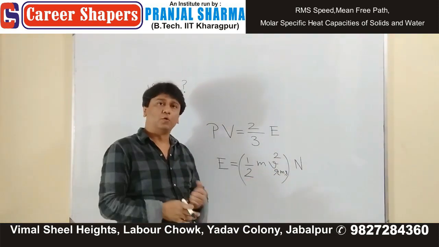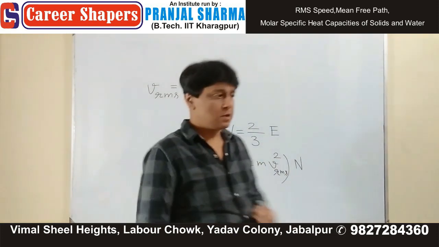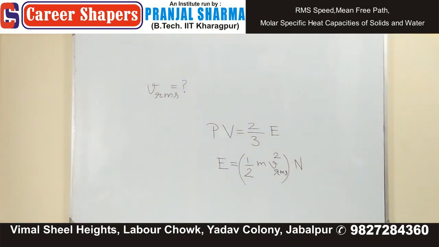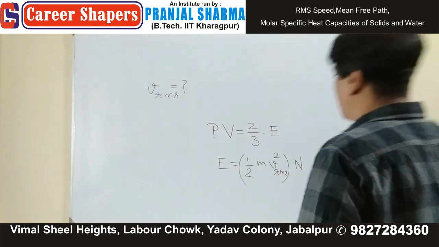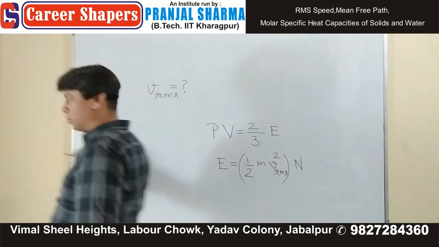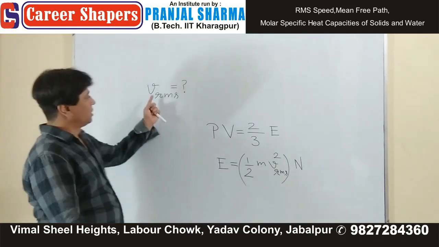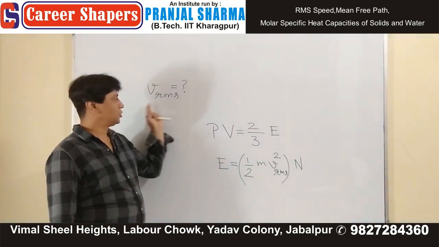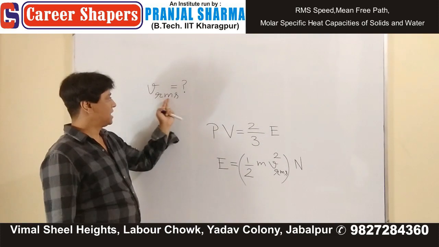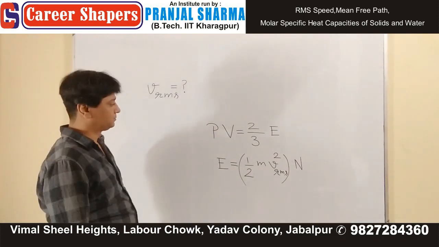And I already told you the meaning of RMS. How do we handle it? How do we read it? How do we solve it? Root mean square, that's how you read it. SMR, that's how you solve it.